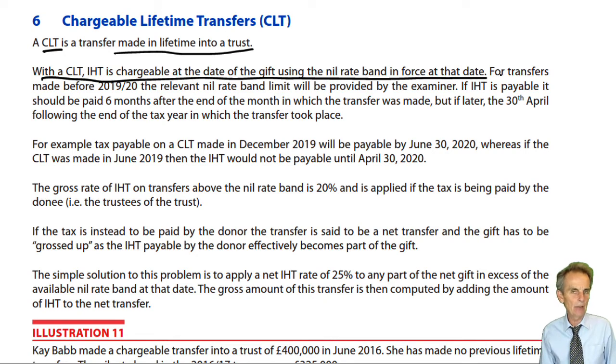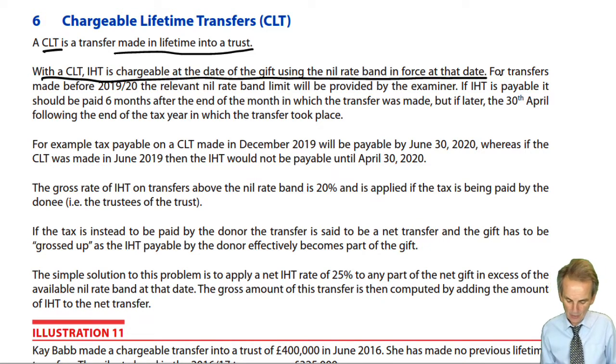It means that if, in addition to PETs and a chargeable estate given within your question, there are also CLTs, then before you can move on and do the two computations that we are, at the moment at least, familiar with, lifetime transfers chargeable on death and the chargeable estate at death, it will demand a first computation to be done dealing with lifetime transfers chargeable when made. What are they? They are only these CLTs. They are chargeable when made.